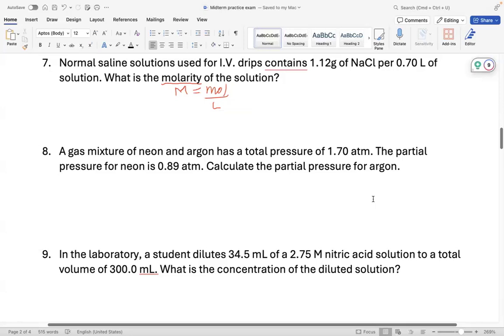So right now, one of our given values is in liters, but our other given value is in grams. So we need to go from grams to moles. We can do that using the molar mass of NaCl, which you'd have to calculate on your periodic table, but for the sake of it here, it's 58.44 grams per mole.